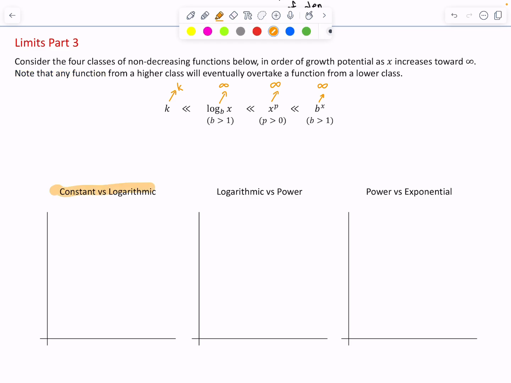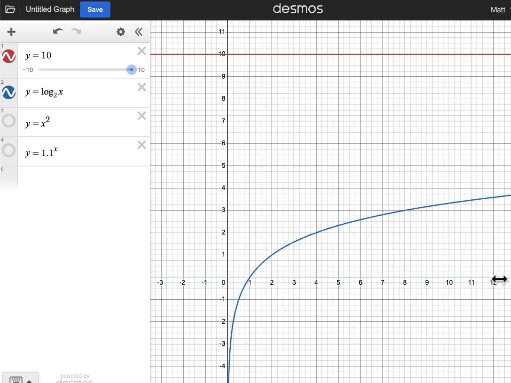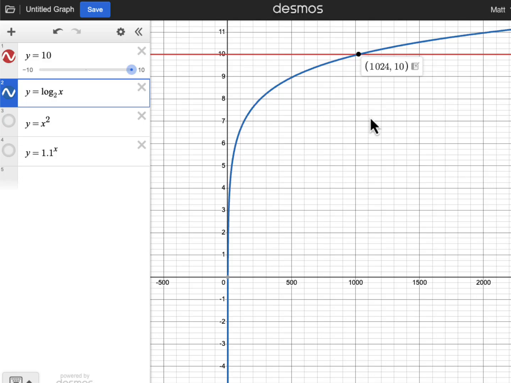Consider the constant class versus the logarithmic class. Using technology, I have graphed 2 functions. One's a constant, y equals 10, and another is y equals log base 2 of x, where the base is more than 1. Now, at first glance, it appears that the red function is higher than the blue function. But if we change our scale, we will see that eventually the logarithm will overtake the constant.